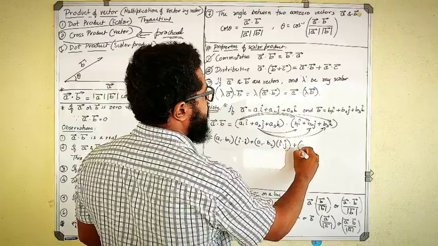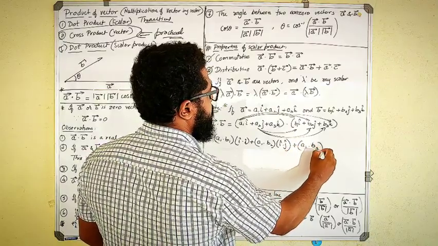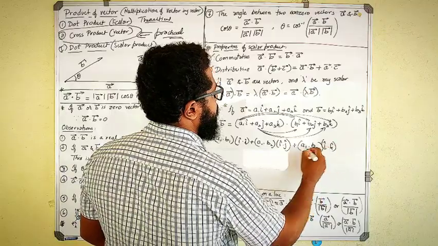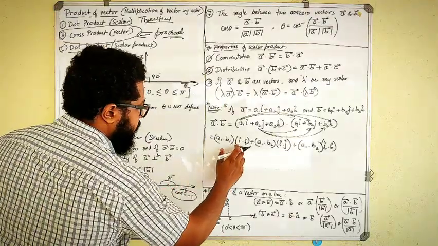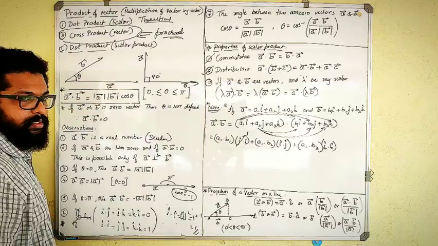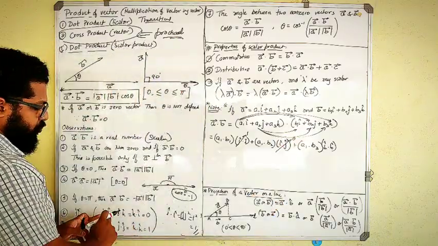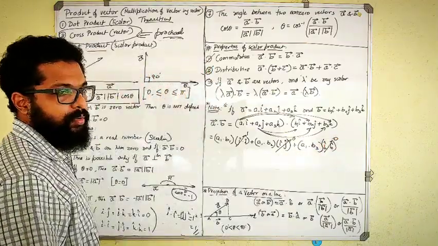Then A1 B3 into i cap dot k cap. Here you can see i dot i is equal to 1, i dot j is equal to 0, i dot k is also equal to 0.